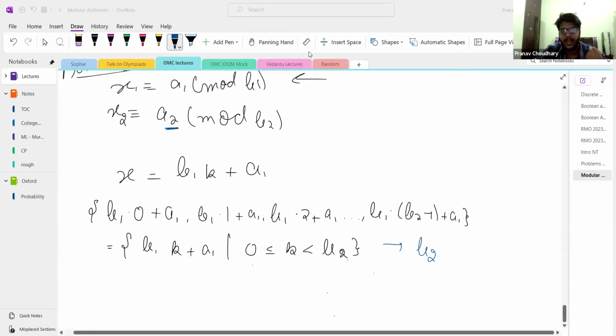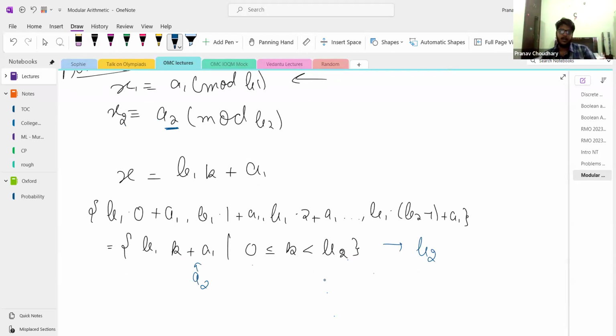Can someone tell me why a2 should be there in this set? We have done this sort of thing before, in this lecture only. We take a number and just take the differences again. Can you phrase it a bit more formally?